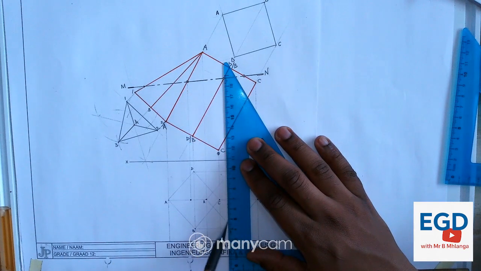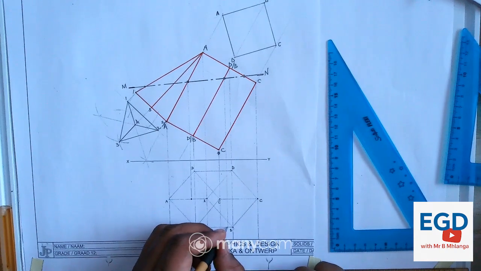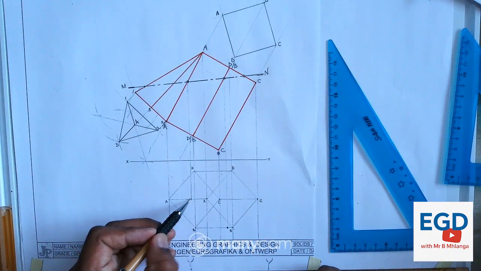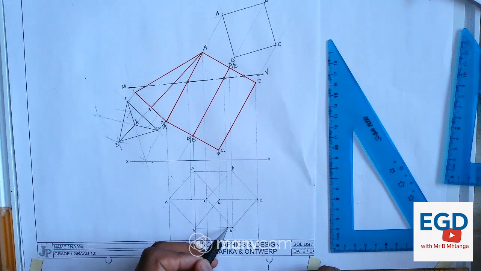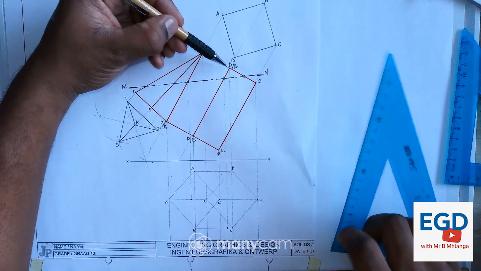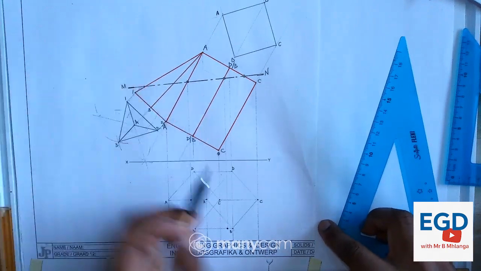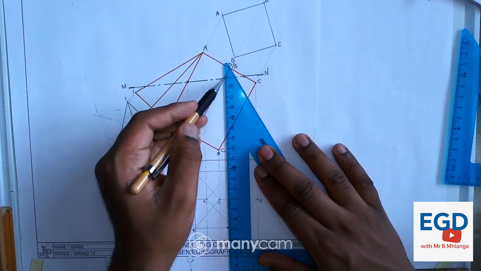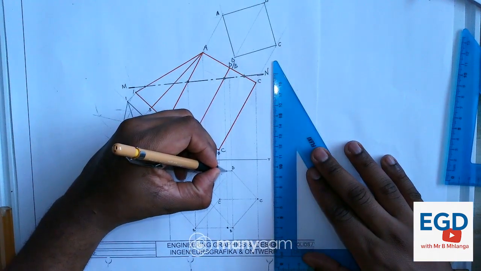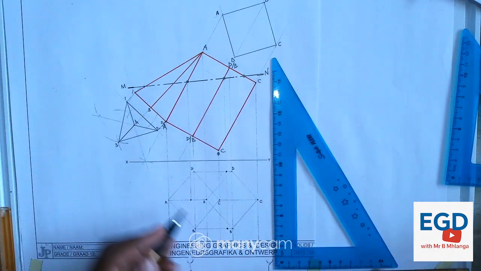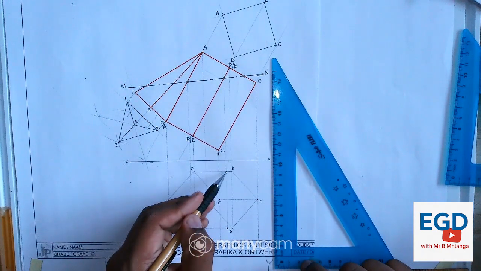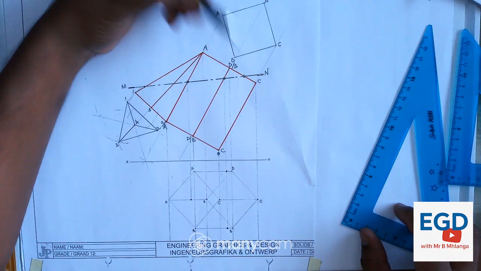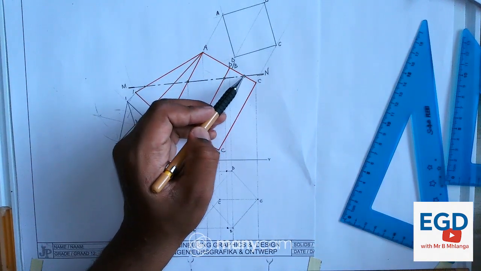Project that down to line BB. So this is our second point. Remember, we are from there. We move to there, right? And then now line DD. Line DD is there. That means I'll just project the same point to that line there. So this is our third point. 1, 2, 3.